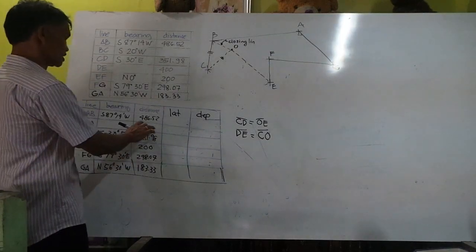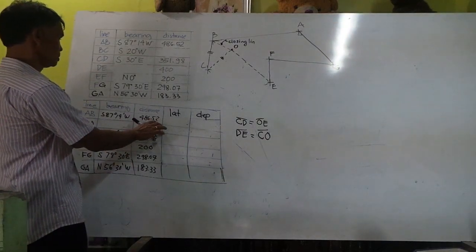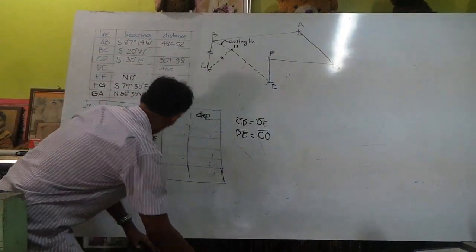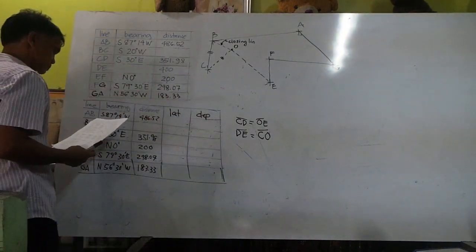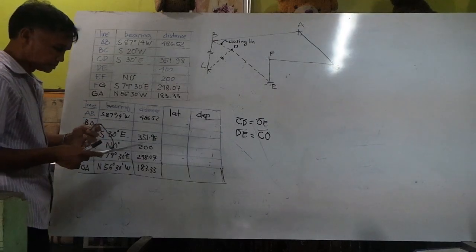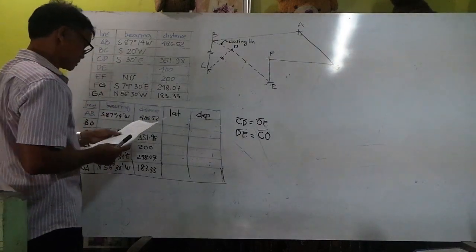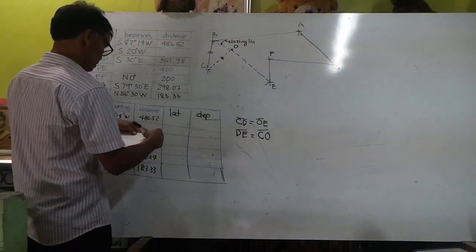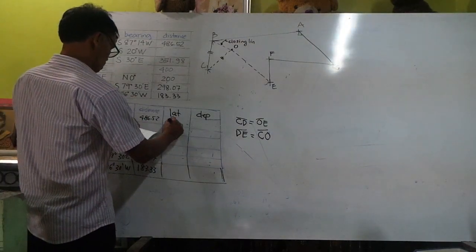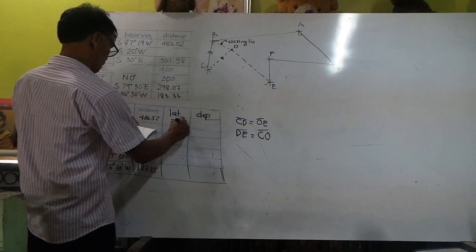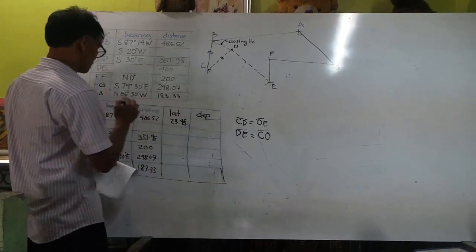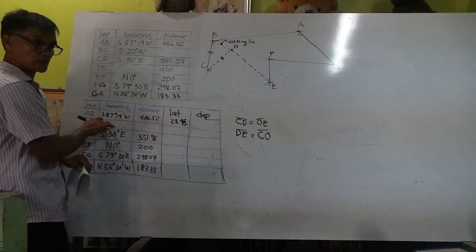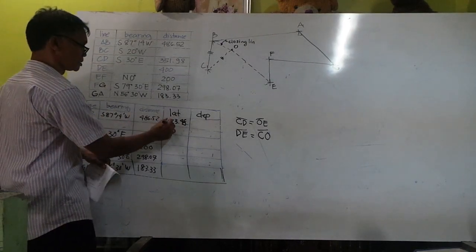So the distance for 486.52 times the cosine of 87 degrees and 14 minutes, then we have a data of 23.48. Now take note of the direction. This is south latitude, so this is a negative latitude.